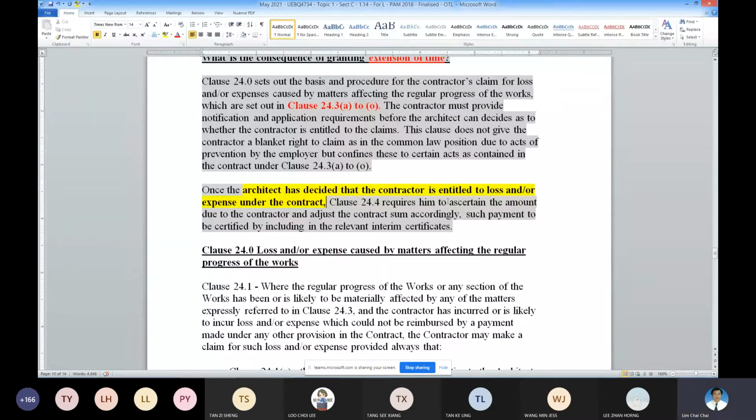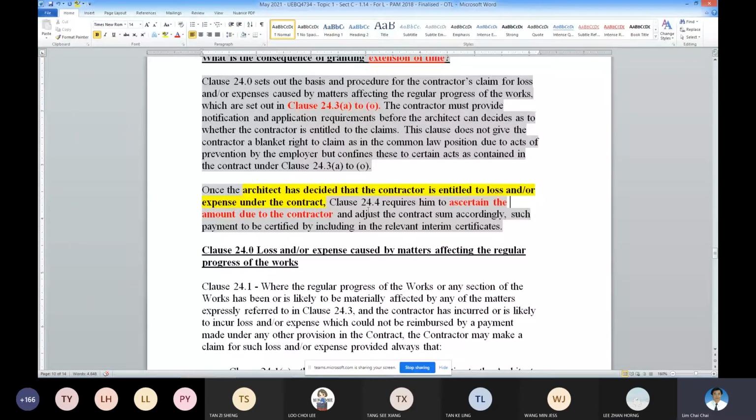The architect will ascertain the amount due to the contractor after the contractor has submitted all the particulars. As usual, all the particulars must be submitted. So this is a very brief introduction on how to be entitled for the payment, what the architect has to do. Okay, the procedure is below. It's exactly similar to the extension of time procedure. Evaluation and submission are exactly the same.